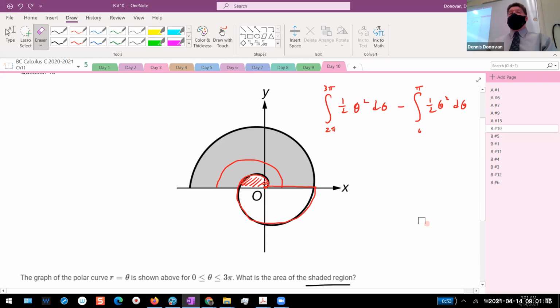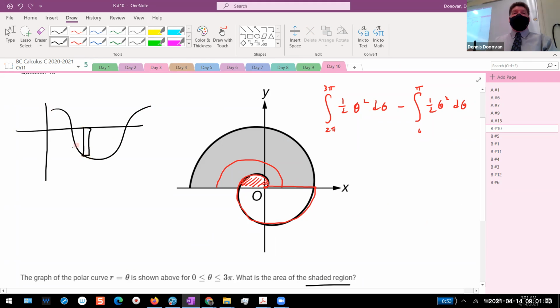But the reason why you get negative in Cartesian is because the representative rectangle has a negative value to the height of it, doesn't it? Assuming you're going from left to right, your dx is positive, but your f of x is negative. Here, we're always using r squared, so we're always accumulating area, right?